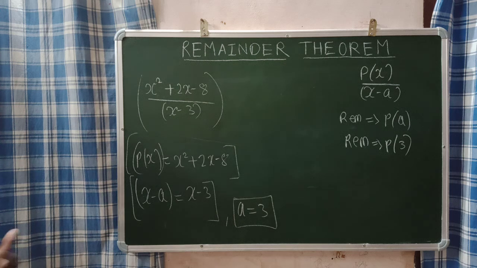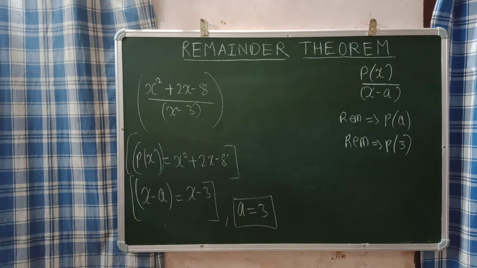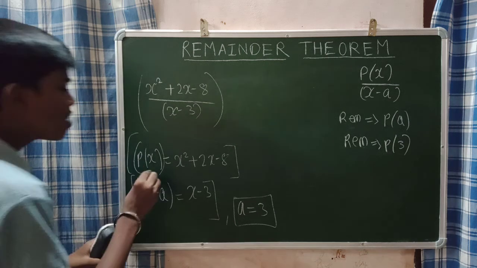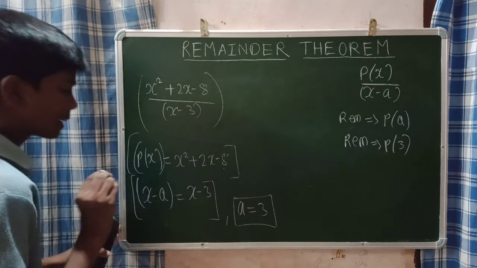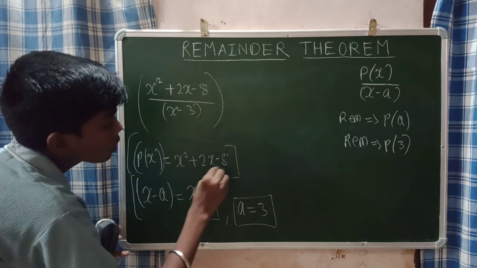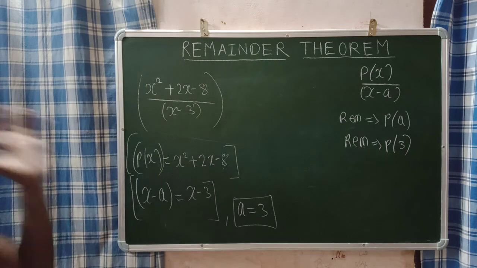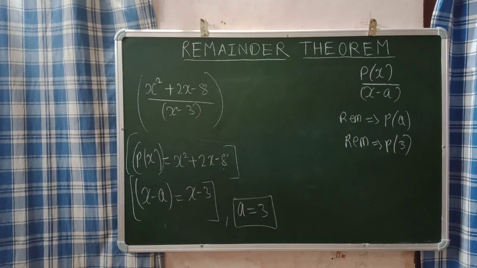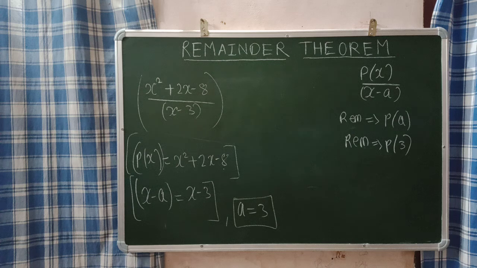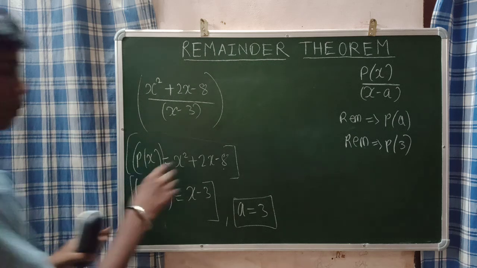Now how will you find the value of p of 3? It's very simple guys. We know that p of x is x square plus 2x minus 8, so p of 3 will be found by just putting x as 3.